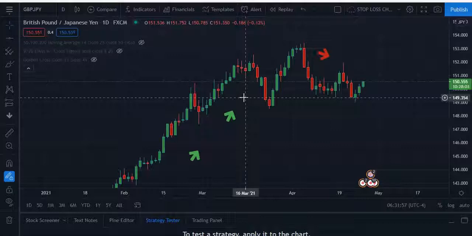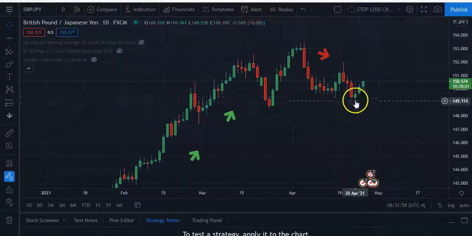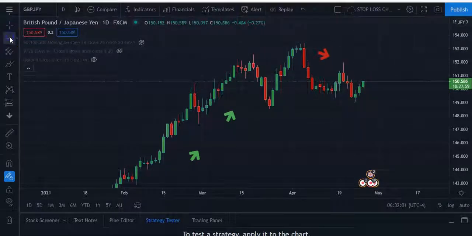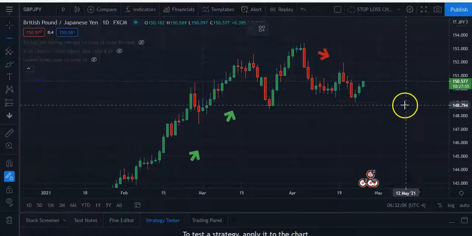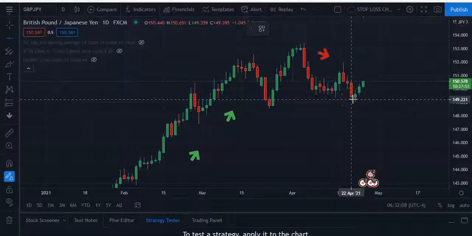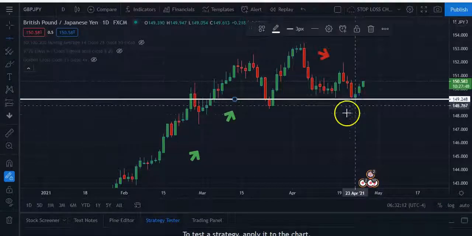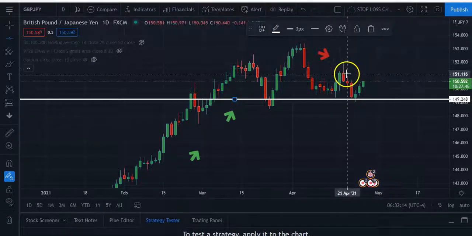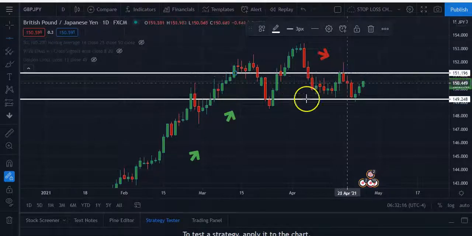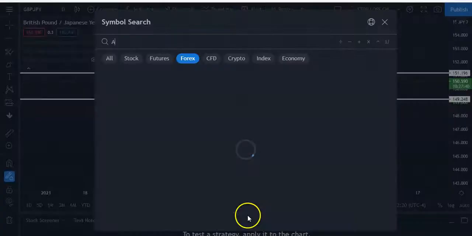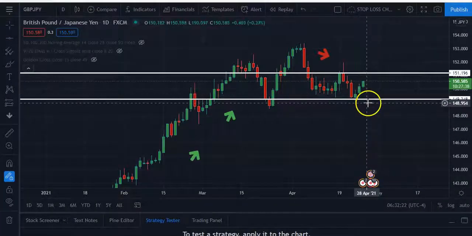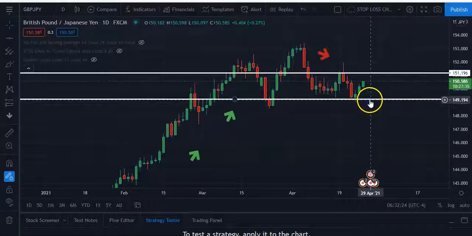In drawing your immediate support and resistance, we'll go ahead and draw a horizontal line. My immediate area of support, of course, would be here. And this is my immediate area for my resistance. Make sure I lock these so they don't move.